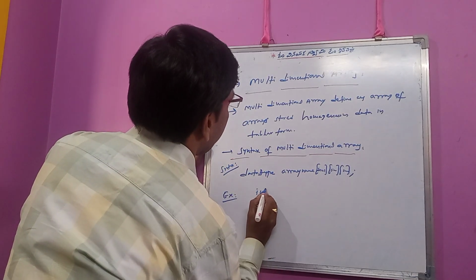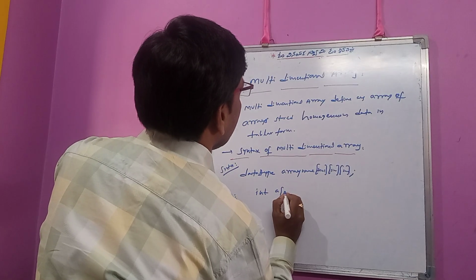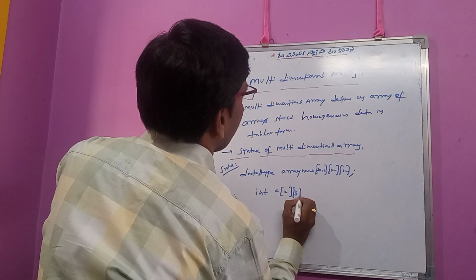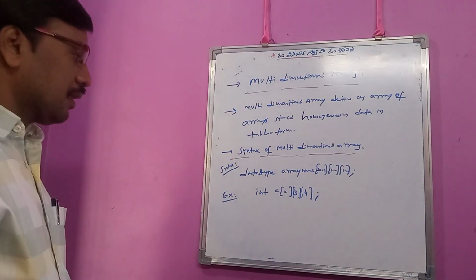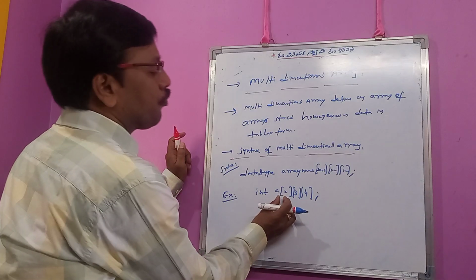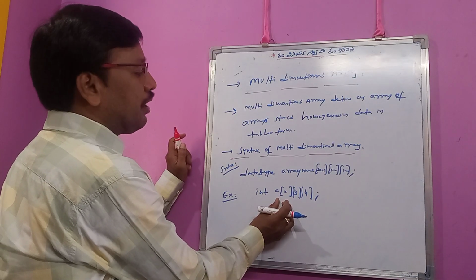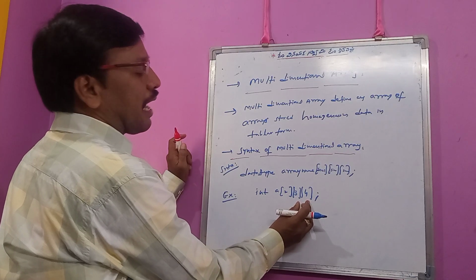Example: int a of 2 by 3 by 4, semicolon. Here you can see a of 2, this is a location. Here you can see the 3 and 4, we have the dimensions.